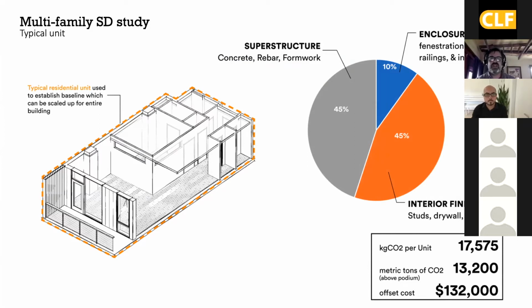But if we're looking holistically at what's driving carbon, there's this idea of doing a bay study. In this case, this is an apartment building, also a regional project in the DC area. The client was very interested in seeing the future of the market and understanding where the building industry is going in terms of addressing carbon, potentially operationally carbon neutral.